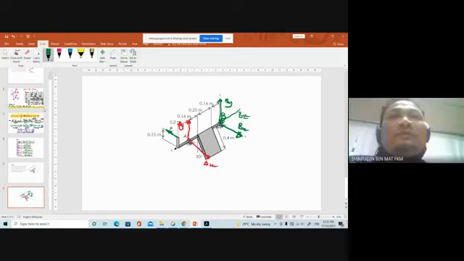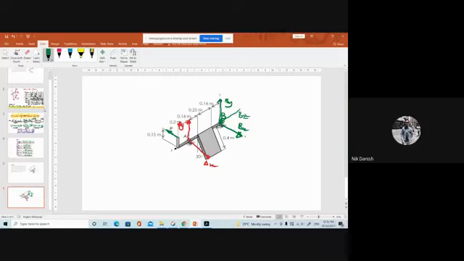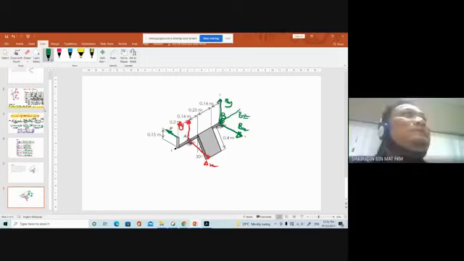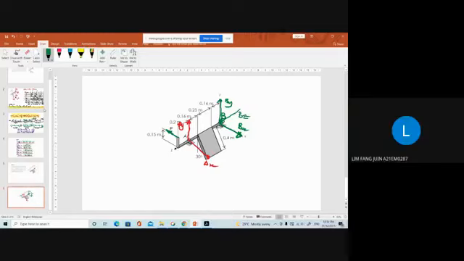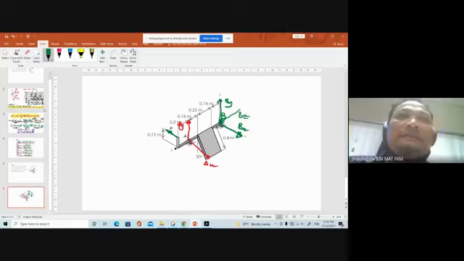And one way to do the moment, where is the best point for you to do the moment? Point B. Where is the best point to do moment? B. Point B. I look at that inclined plate.